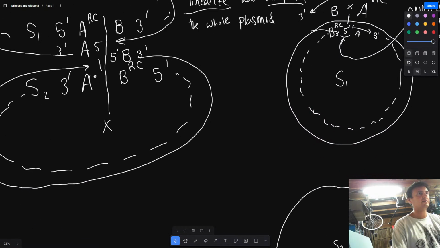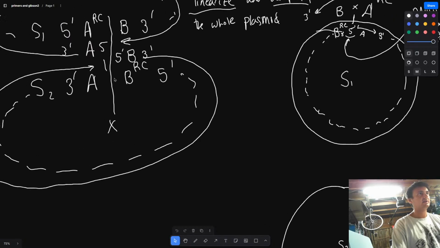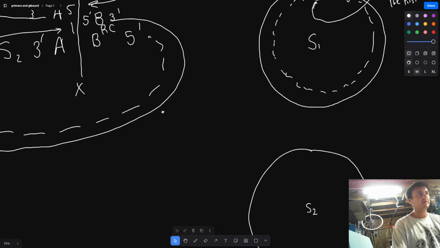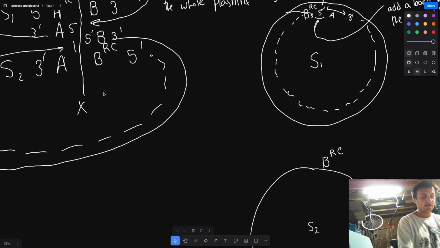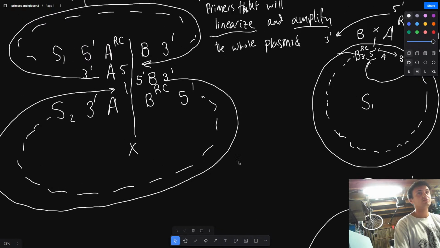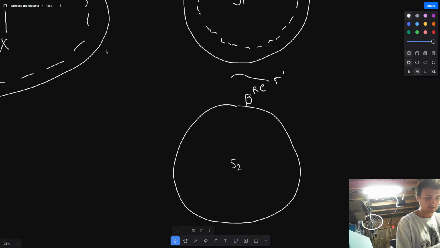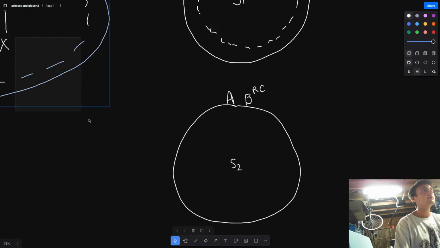S2 is down here, and it has BRC and A. So let's just draw BRC, and then the 5 prime for the outside. Same with this one. We're drawing it counterclockwise. Okay, BRC, and then this is going to be A, I believe, right?